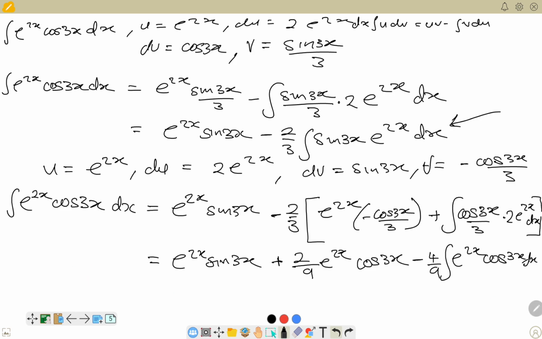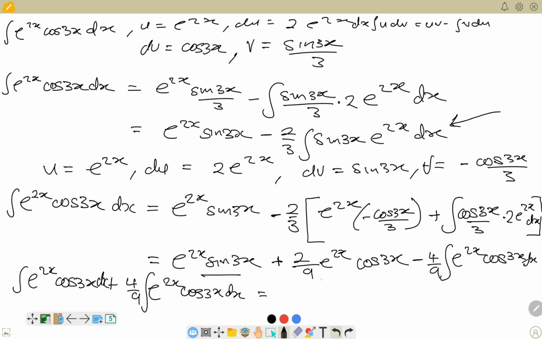What can we do now? What we need to do to find the solution is to take it to the other side. So we can see that on this side we have e to the power 2x cos 3x. Then the negative 4 over 9 integral of e to the power 2x cos 3x is going to be positive 4 over 9 with the integral, e to the power 2x cos 3x dx.